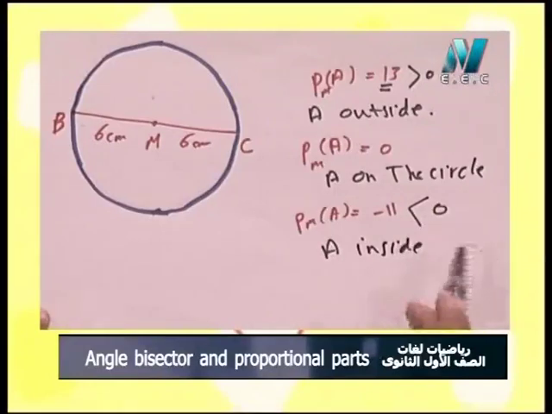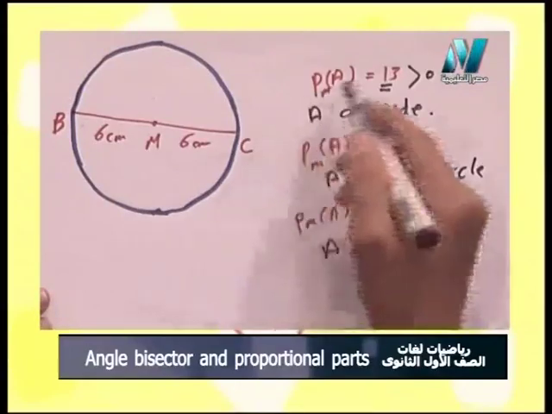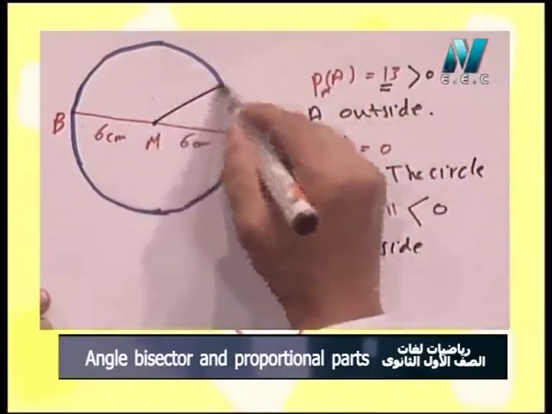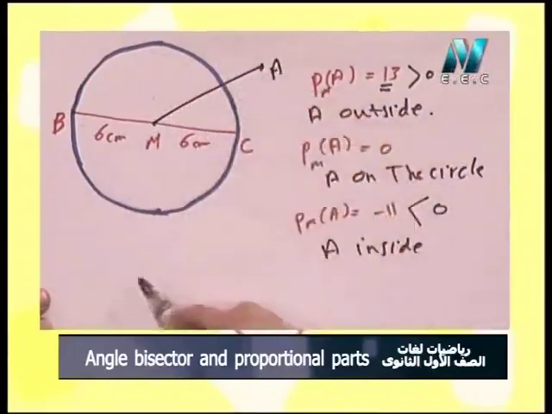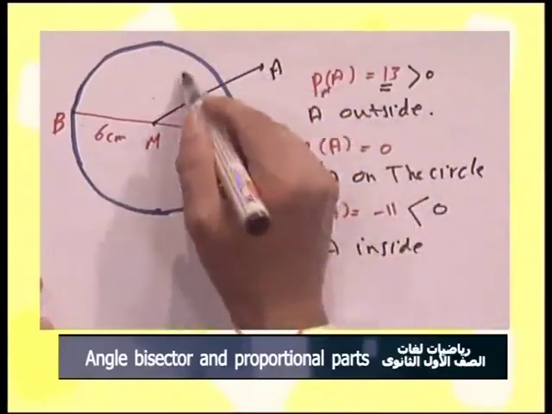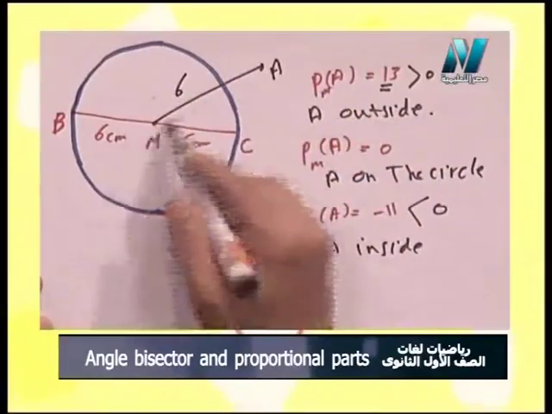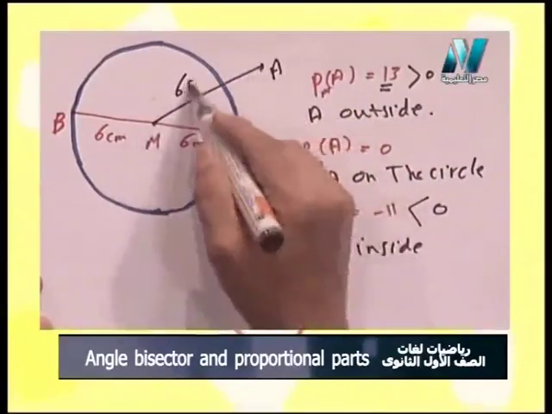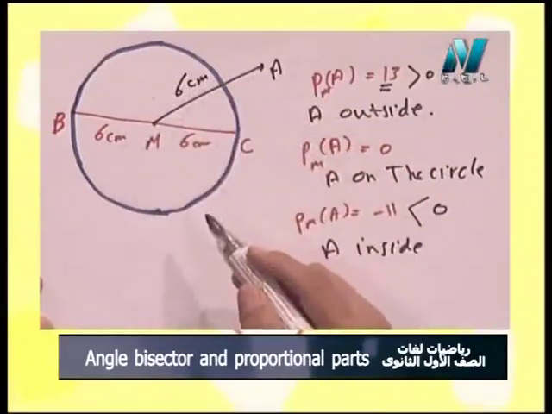Okay, and he would like to calculate the length MA. In the first case, let A be here, and the radius equals 6, and MA we have to calculate its length.